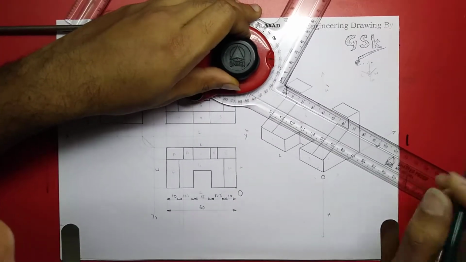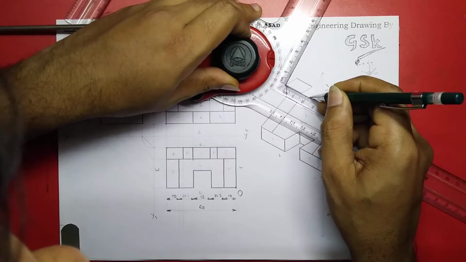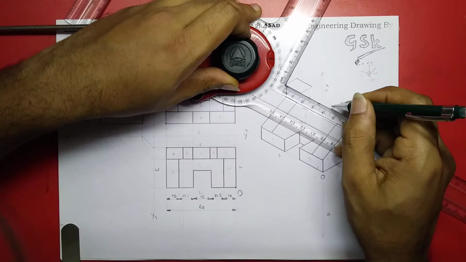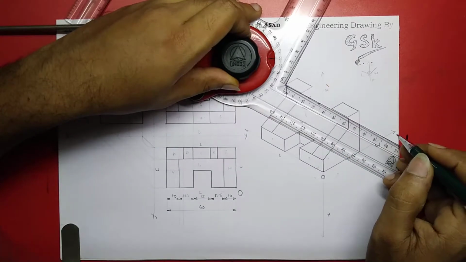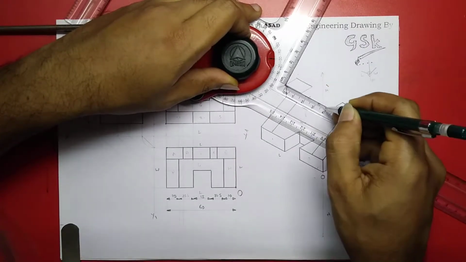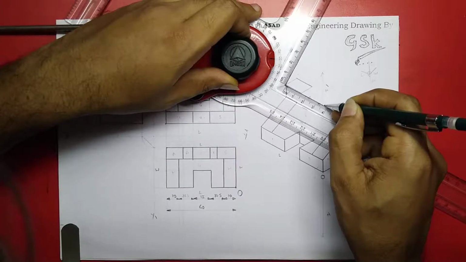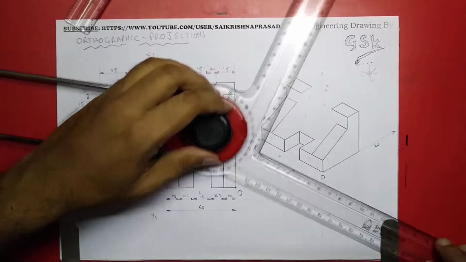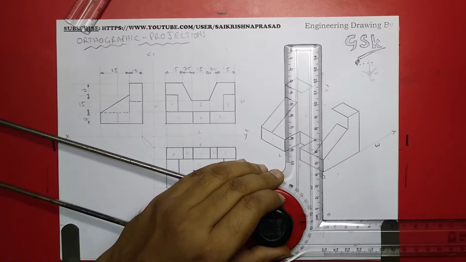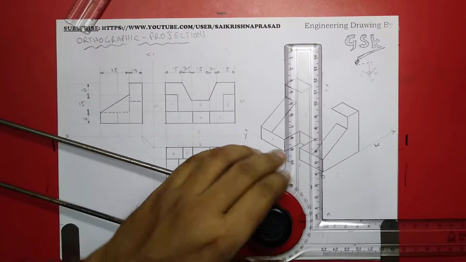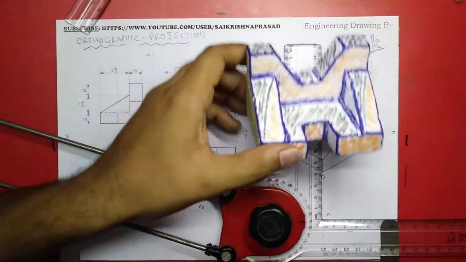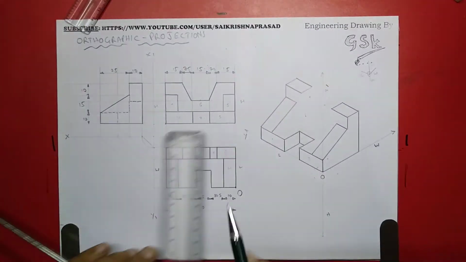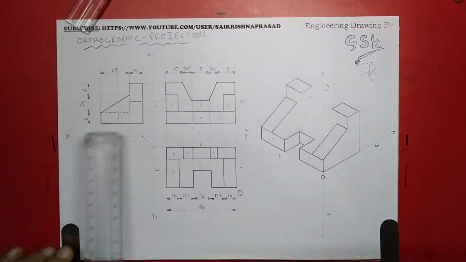So from here I'll measure 22.5 and from here 22.5 down I'll take that. So this height is 15. See here, this is 15.